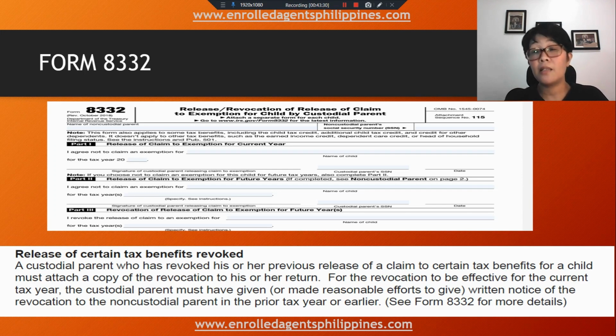So again, guys, if you want to know more about Form 8332, pwede kayong pumunta sa IRS. May instructions naman doon kung ano yung kailangan gawin. Just be aware lang na hindi po pwedeng, sige, ikaw na. No, kailangan may formality. Kailangan mag-fill out nitong Form 8332. Okay?